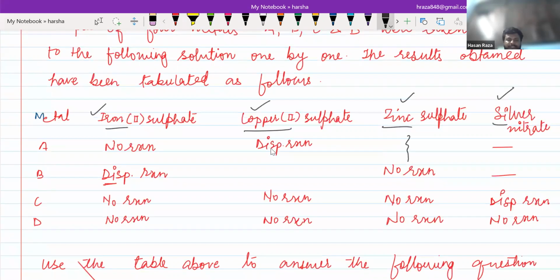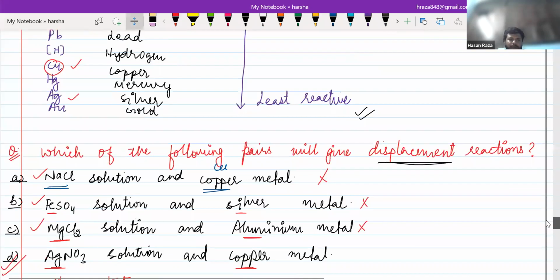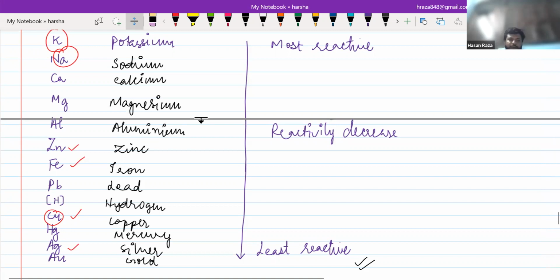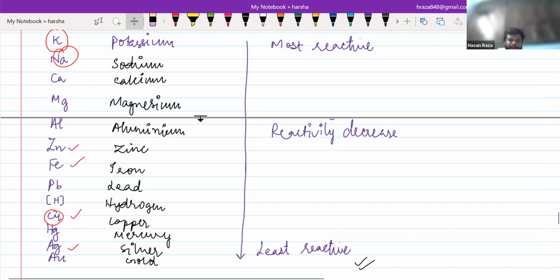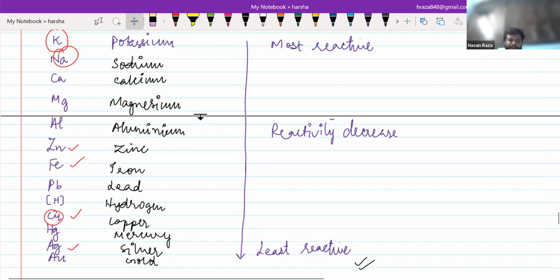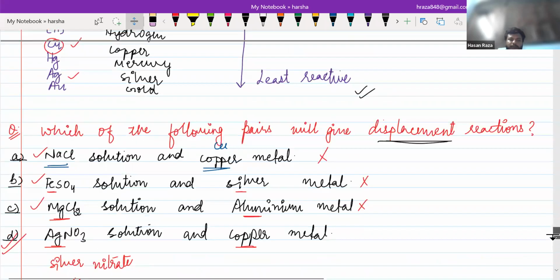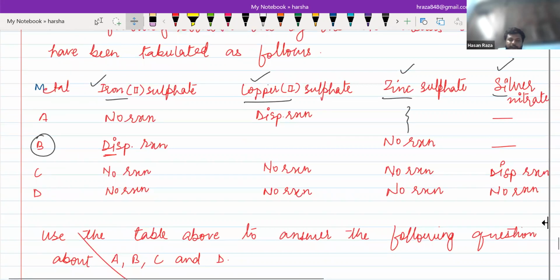Let me check the reactivity series again. This is potassium, sodium, calcium, magnesium, aluminium, and then zinc, iron. Not a problem. That's good. So you can see in the table which one is replacing zinc or which one is replacing this.